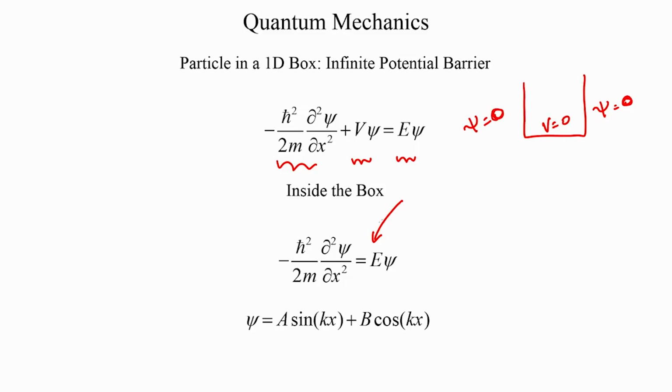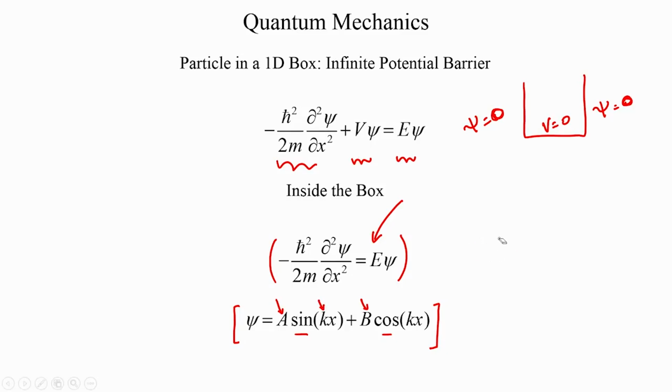Now, the general solution to a differential equation of this kind is given by defining the wave function as a summation of sines and cosines. So, we say that the wave function is a sin(kx) plus b cos(kx), where a is a constant coefficient and b is a constant coefficient and k is another coefficient that needs to be determined.